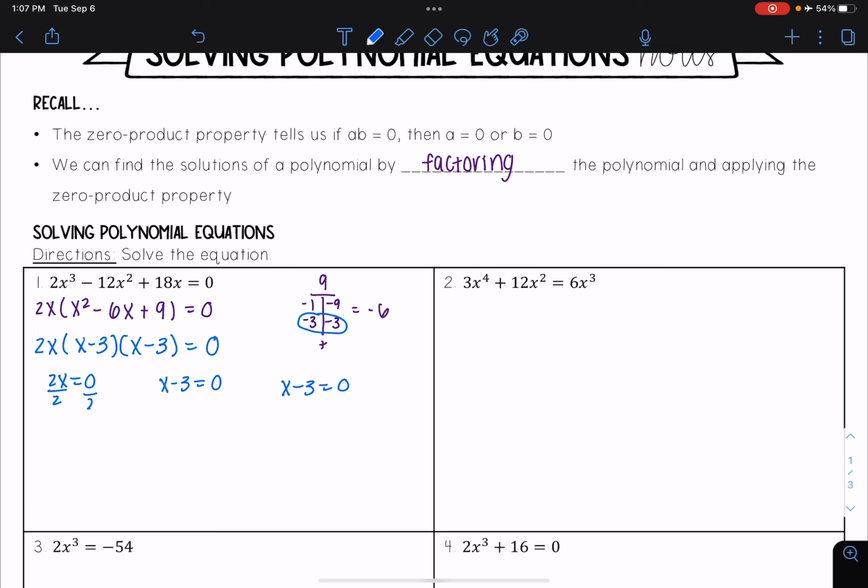And solving all of these, I have x equals 0. These are really just the same equation. I need to add 3 to both sides. And I get x equals 3. So my two answers are x equals 0 and 3, where 3 is just repeated twice.